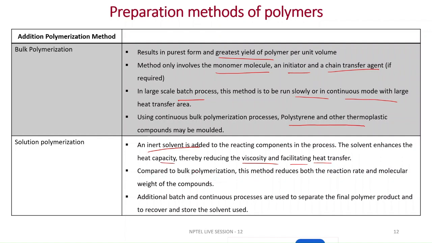Compared to the bulk polymerization process, this method reduces both the reaction rate and the molecular weight of the compound. Additionally, batch and continuous processes are used to separate the final polymeric product and to recover and restore the solvent used in the process.